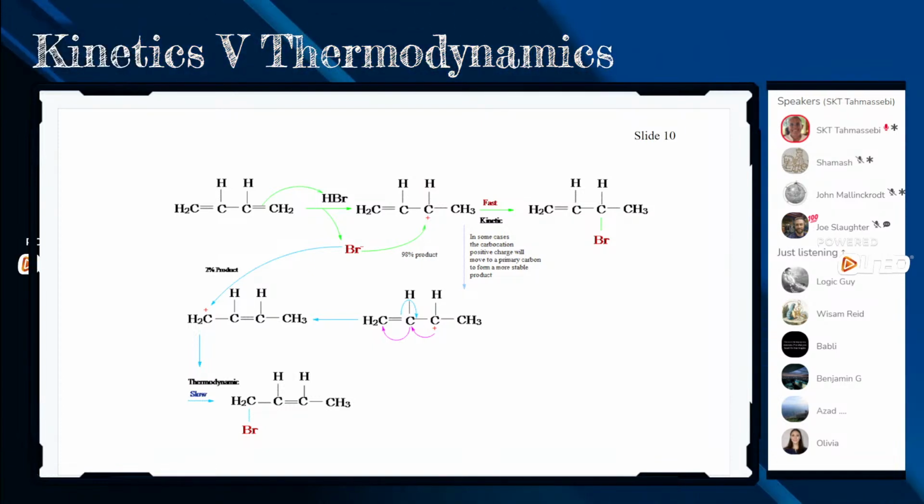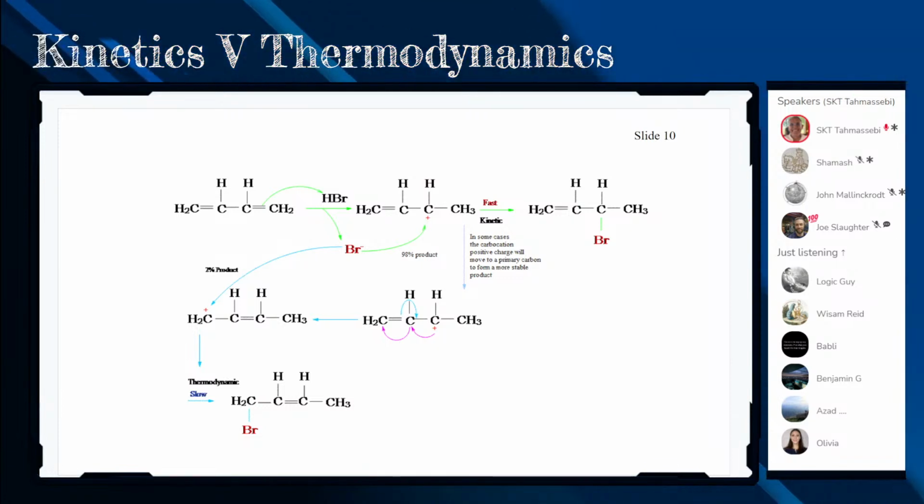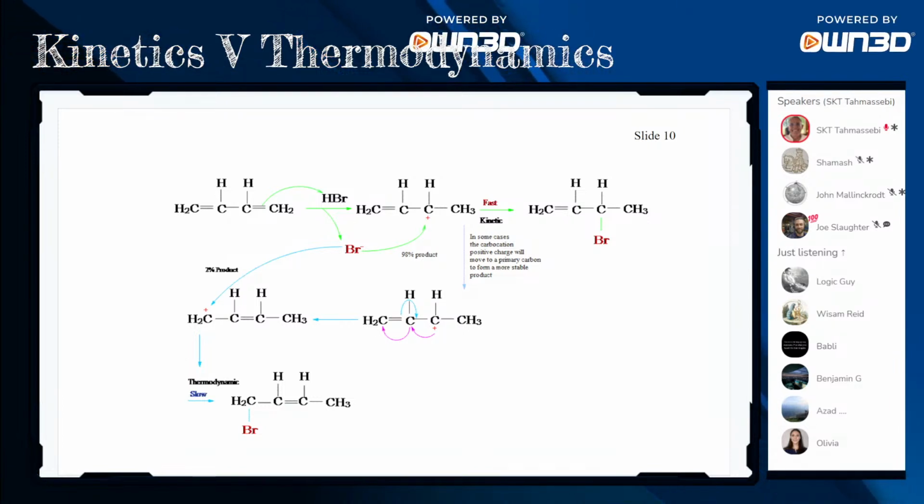But if I were to run this reaction and after like 2 minutes put it into dry acetone or liquid nitrogen to quench it, to freeze it so that the reaction doesn't take place anymore, then almost 100% of the products that I'm going to get are going to be the kinetic products, none of the thermodynamic products. So I can play with reaction conditions.